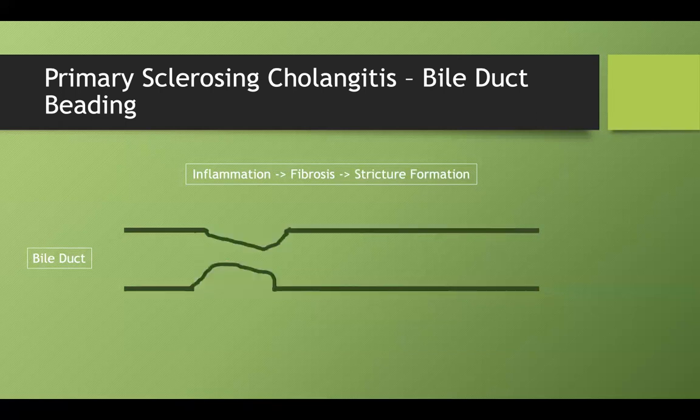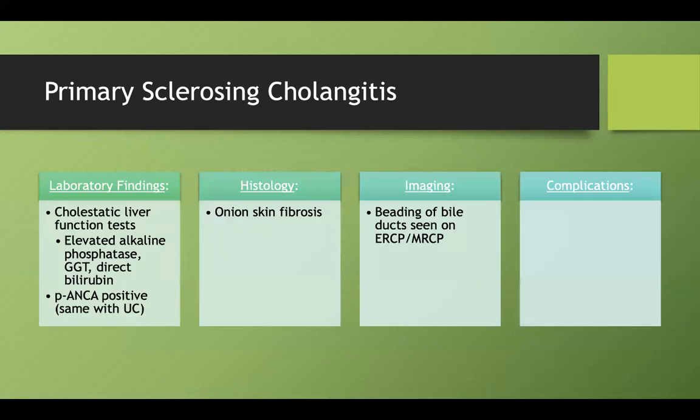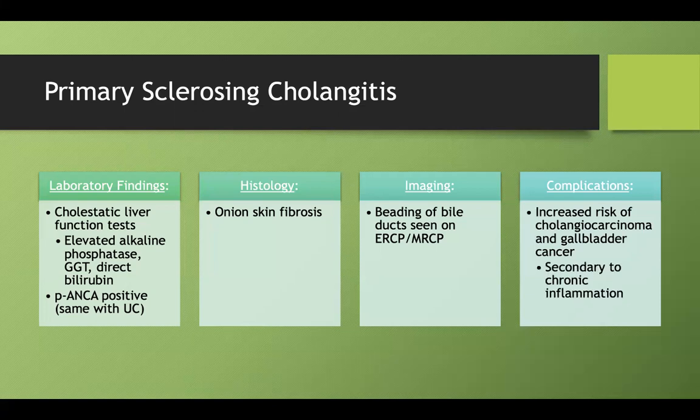And so if you imagine on cholangiography, you'll see this very small area, and then you'll see a bead, and then you might have a stricture elsewhere, and you'll see a small area, and then you'll see a bead. So the beaded areas are actually your normal areas, even though they look abnormal in that picture sometimes. And so the complications of PSC is that you can have an increased risk of cholangiocarcinoma and gallbladder cancer. So all that chronic inflammation can cause some problems.